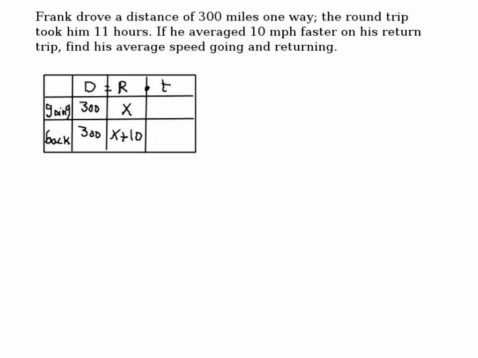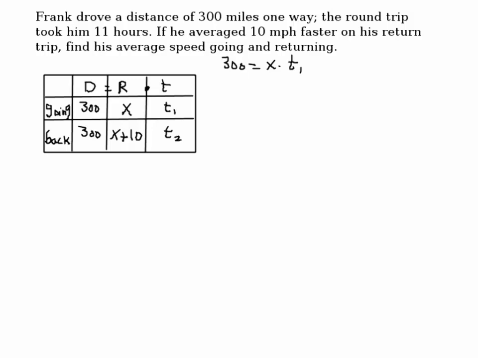Can somebody tell me what would be the time in terms of x for going? This would be time 1, let's call it time 2. So let's write the formula. 300 is equal to x times t1. So it's not 300x.